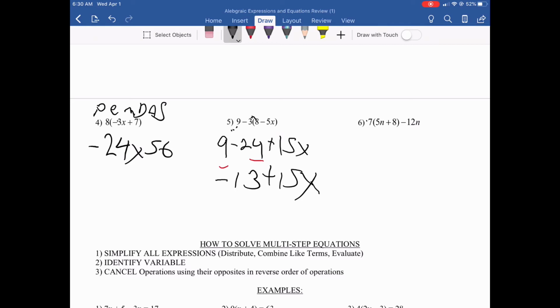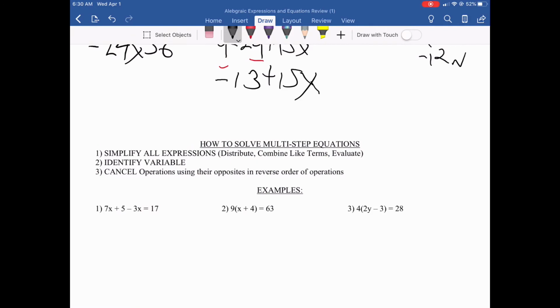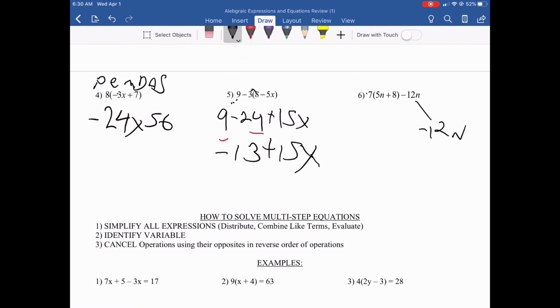Last is number 6. Order of operations. This subtraction is going to be done last. Okay, so we'll just bring it down. Seven times 5n equals 35n plus 7 times 8, 56, take away 12n.